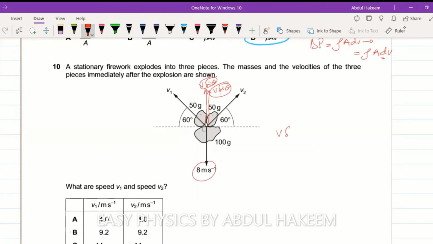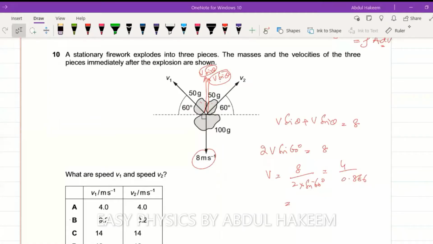So we can write v sin theta plus v sin theta is equal to 8, meaning 2v sin 60 degrees is equal to 8. Then v is equal to 8 divided by 2 divided by sin 60. After calculation, the answer is 4.6 meters per second, but now we have to compare the masses.